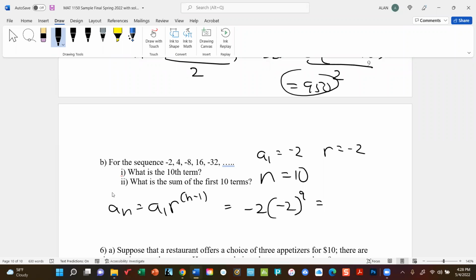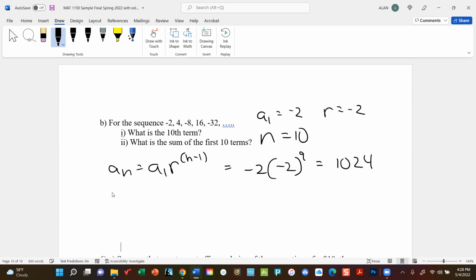and that's going to give me 1024. And then the sum is written as a1 times 1 minus r to the nth power, all over 1 minus r.